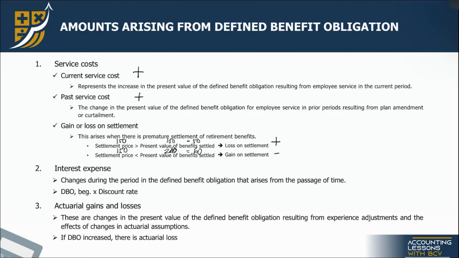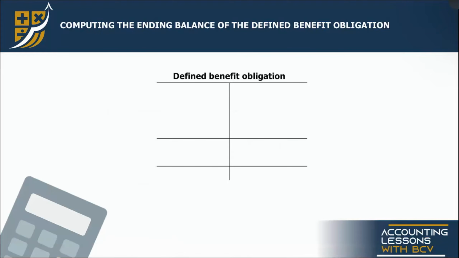In the context of IAS 19, that loss is actuarial loss. Then, on the other hand, pag bumaba naman ang ating DBO or defined benefit obligation, ibig sabihin yan, bumaba utang mo. Di ba pag bumaba ang utang mo na hindi ka naman naglalabas ng pera, then that would be what? A gain. But in the context of IAS 19, it would be an actuarial gain. Naiintindihan ba? Alright? Yes. Next.